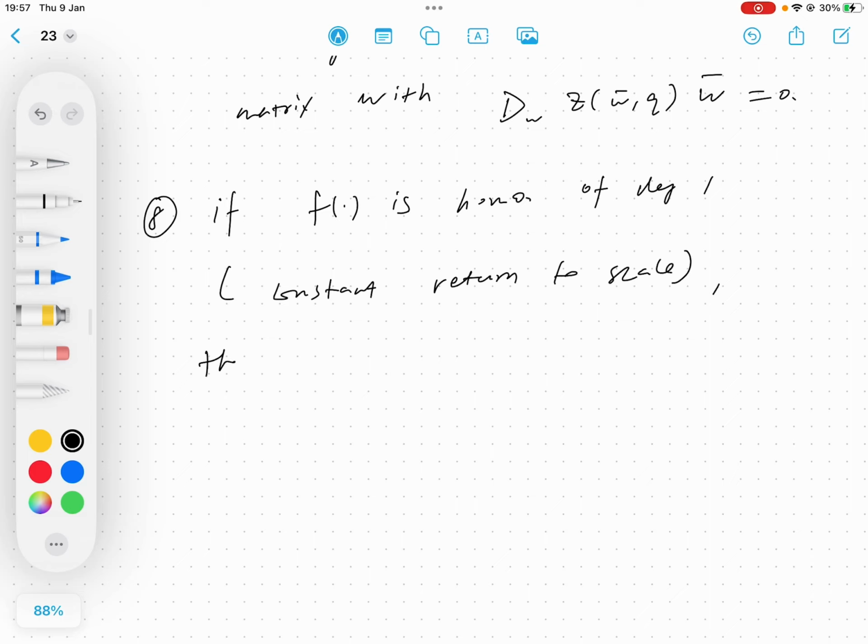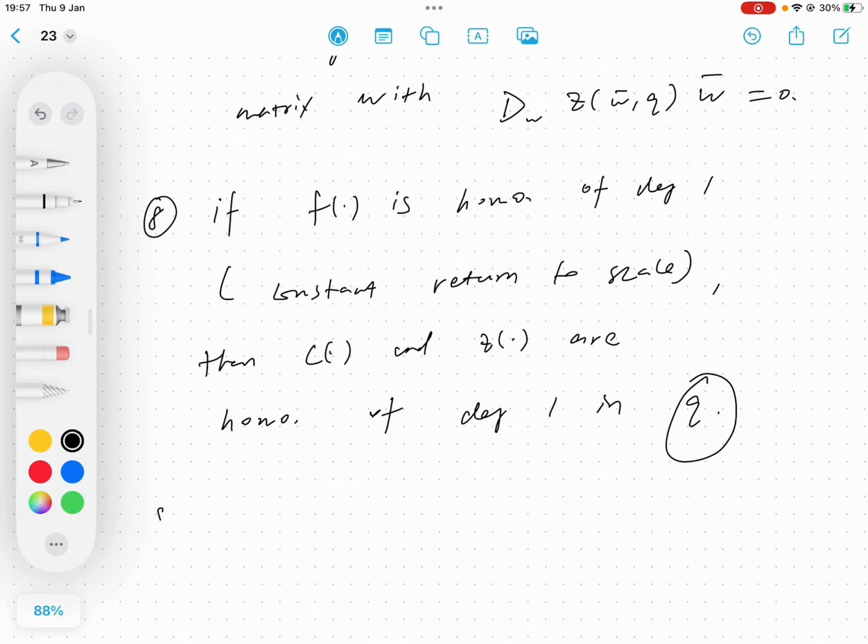Then the C function and Z function are homogeneous of degree 1 in Q. Okay, so here it is important that we are looking at Q. And it's not hard to prove.